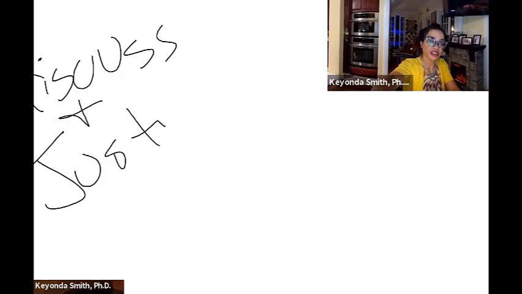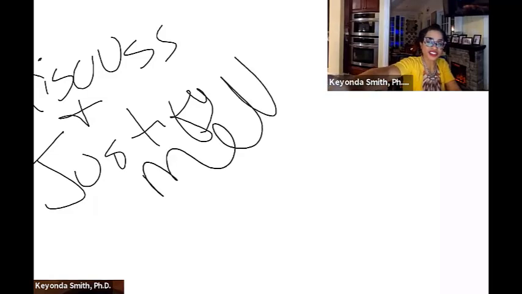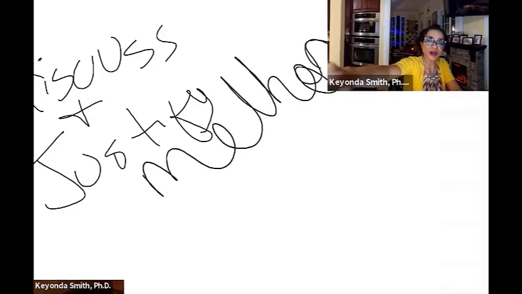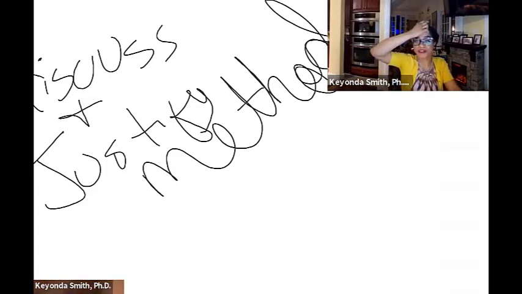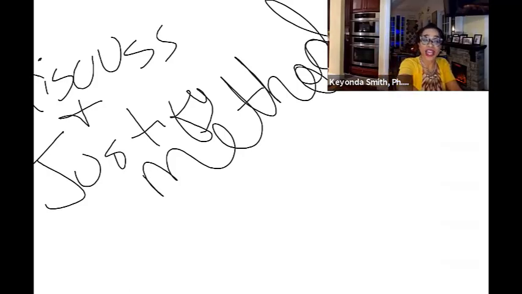Discuss and justify. That's going to be important because what you want to do is justify your methods. You want to tell me why you chose quantitative over qualitative or vice versa, or why you chose this specific population, or why you left out a certain population.